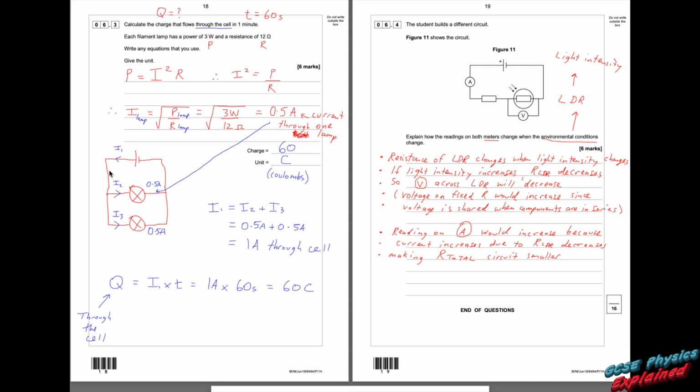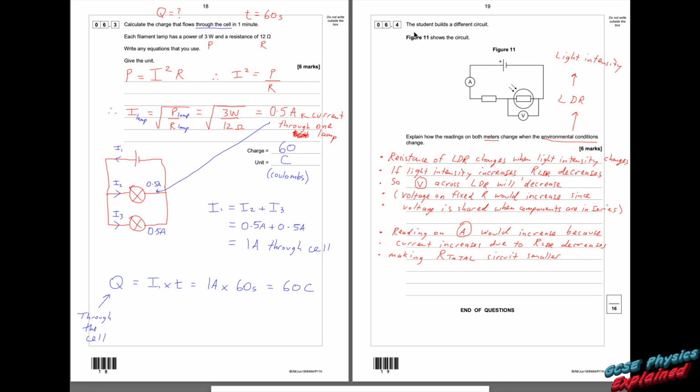So now that we know that, to work out the charge through the cell, let's just take the current through the cell multiplied by the time. So 1 amp times by 60 seconds, and that comes out as 60 coulombs. Charge is always measured in coulombs. Make sure you put your answer up here where they expect it.